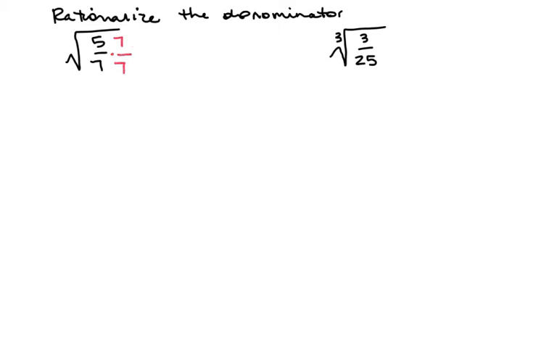If you multiply anything by 1, you do not change the value. You create an equivalent expression. It's going to look different, but it's equivalent. And so we are choosing 7/7 as our form of 1 because that's what gives us a perfect square on the bottom. That'll give us the square root of 35 over 49, which is the square root of 35 over 7.